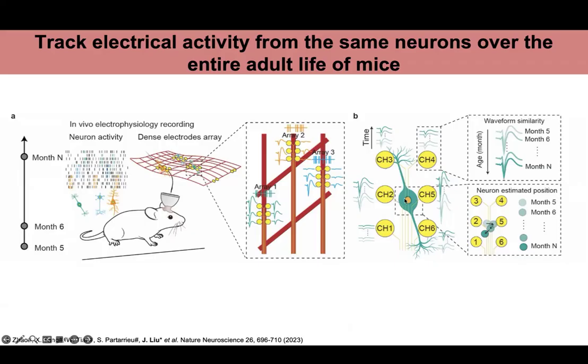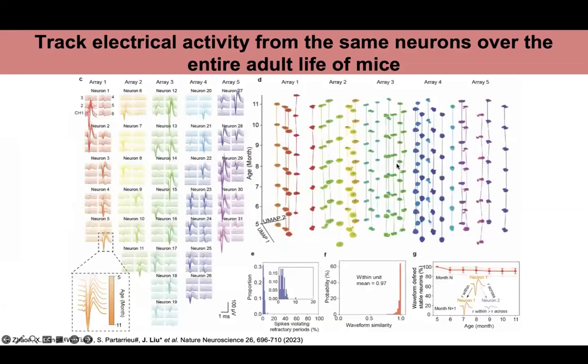Due to the distance between the soma, the cell body of the neuron, and the different electrodes, the signal from each electrode will show a distribution of amplitude. Over this long recording, a 7-month continuous recording, not just the waveform is stable, but the waveform distribution across different electrodes for the different neurons is also stable.